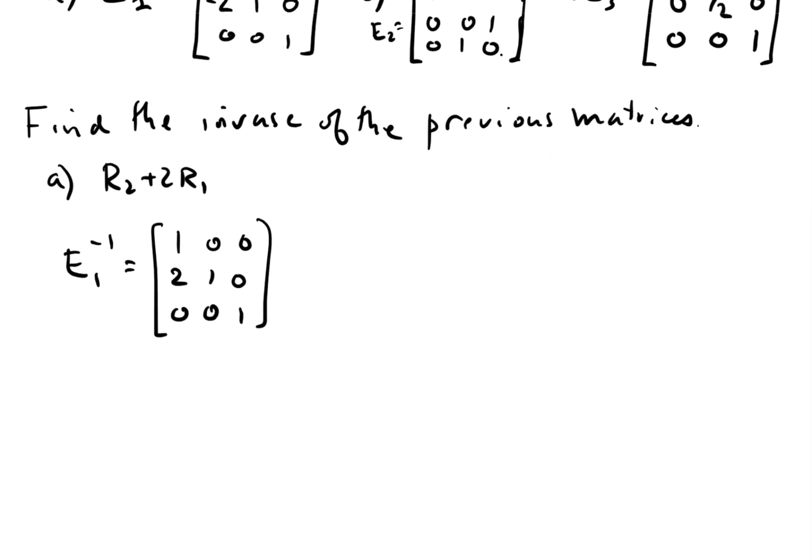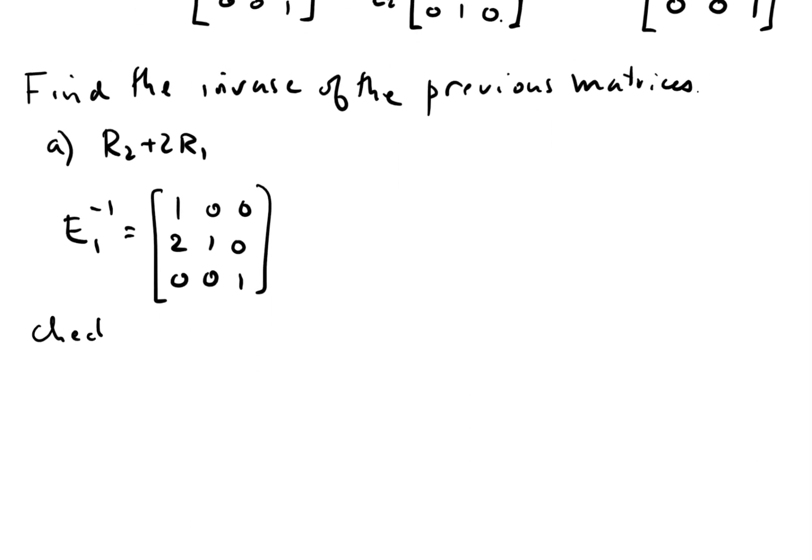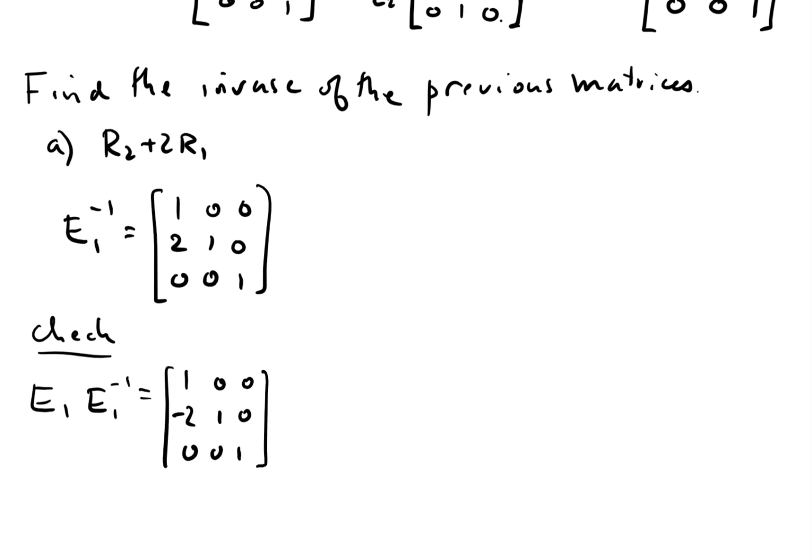And if you don't trust me, you can always check, right? How do you check? If you're right, E1 times its inverse should give you I. So if you do 1, 0, 0, minus 2, 1, 0, 0, 0, 1, that's E1. You multiply by the inverse that I wrote above. If it's the right inverse, I should get back the identity.